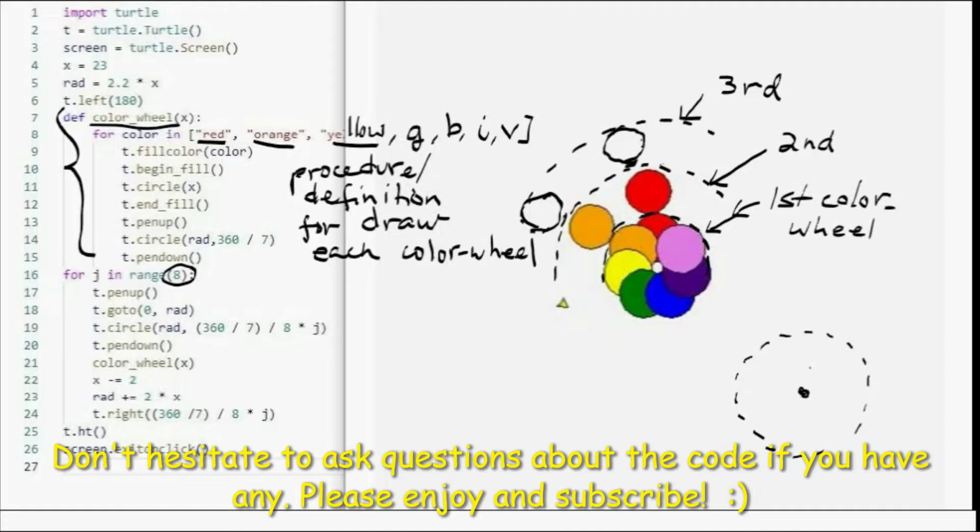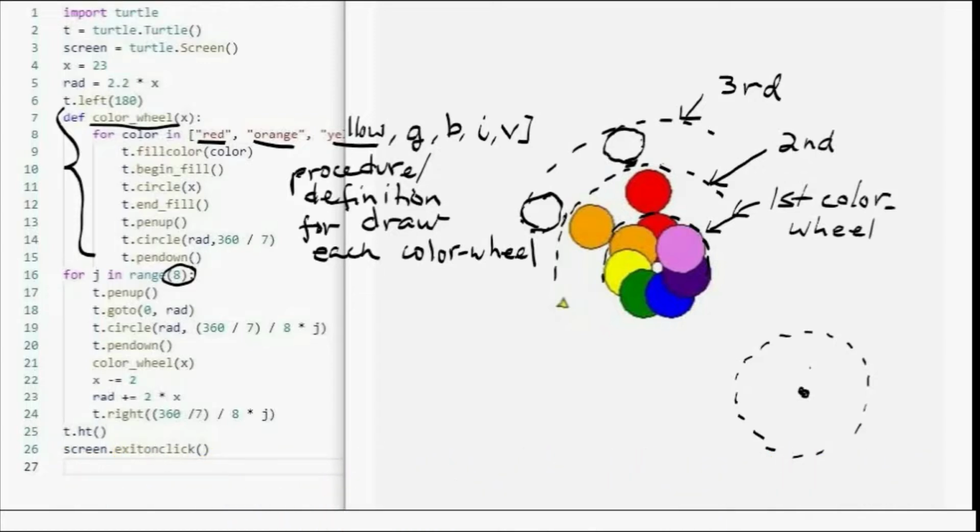So whenever we need to draw the color wheel, we will call this function here, color wheel of X.